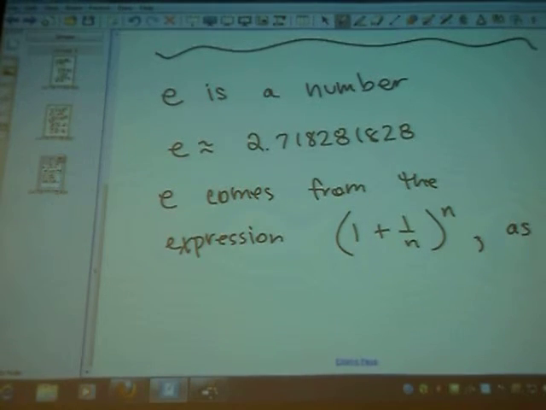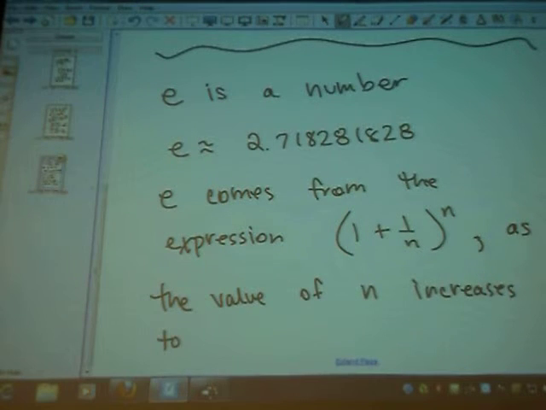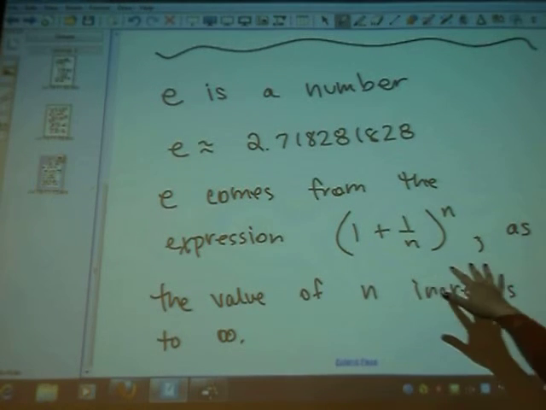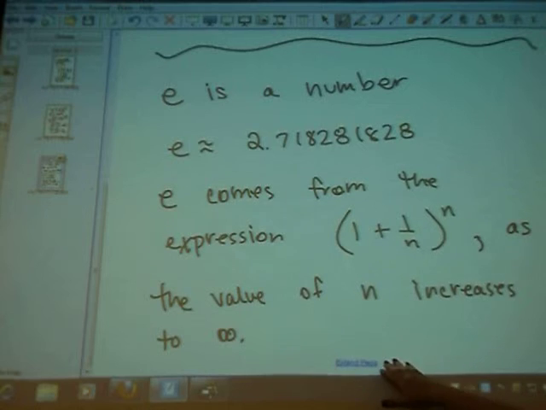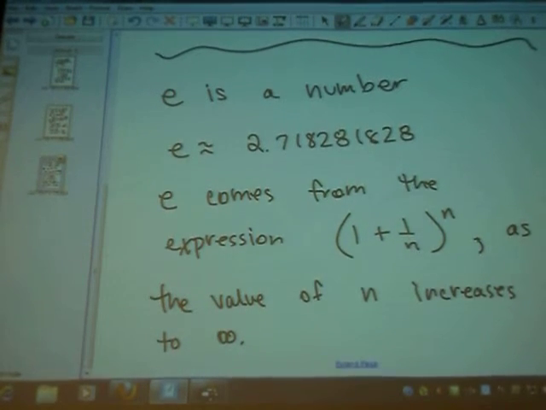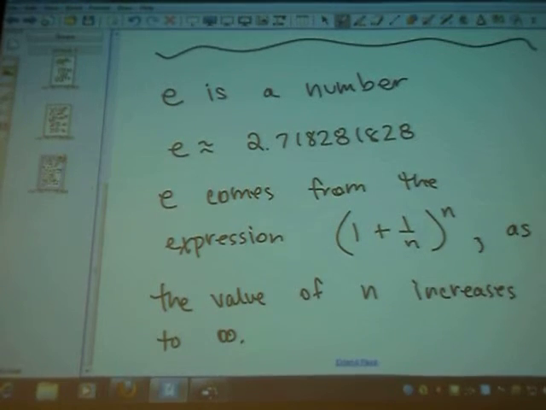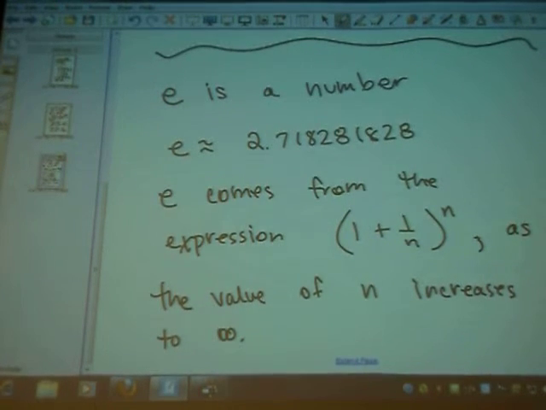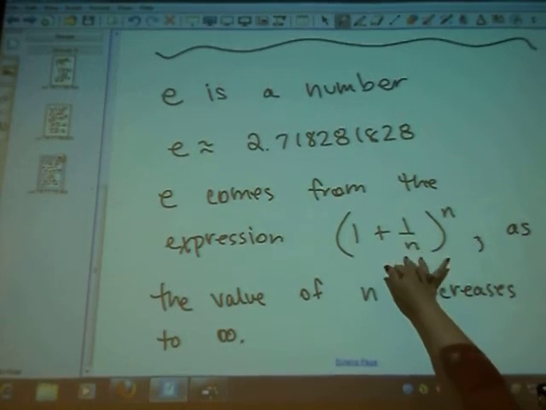Now, as you keep increasing the value of n, this thing actually stops getting bigger.